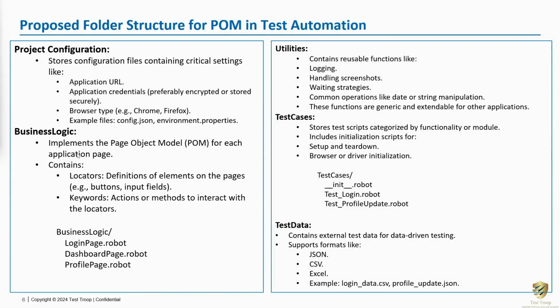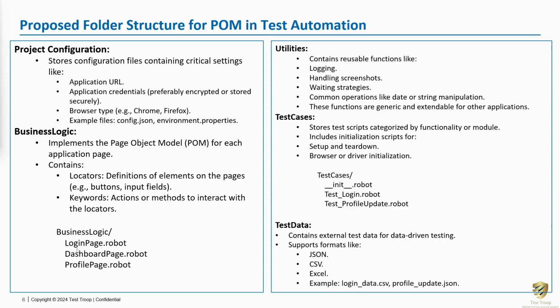Business logic is the core folder that implements the page object model for each application page. It basically contains a list of locators defining the elements on the pages, for example buttons, input fields, etc. And it also provides the methods or keywords or the actions to interact with these locators. The content of the business logic folder could be something like this.